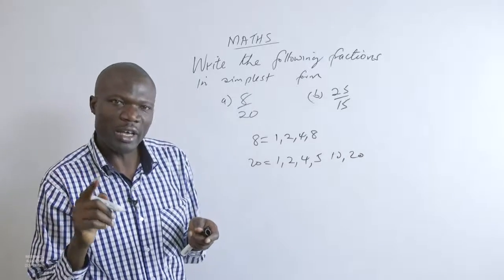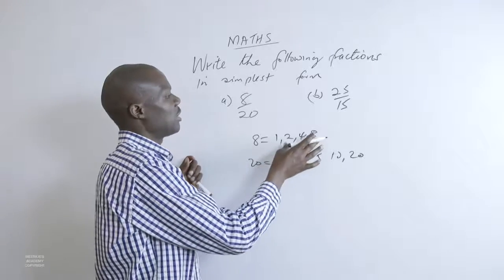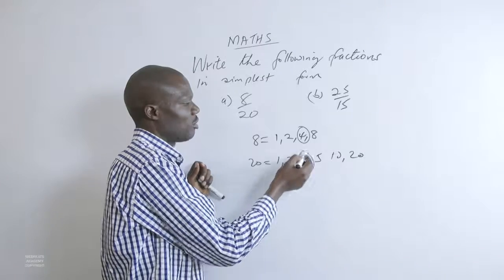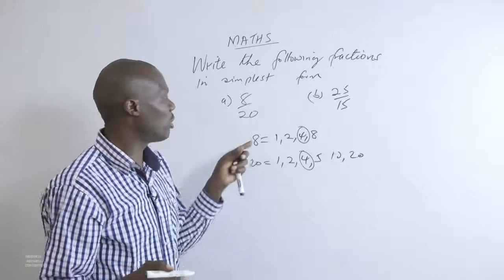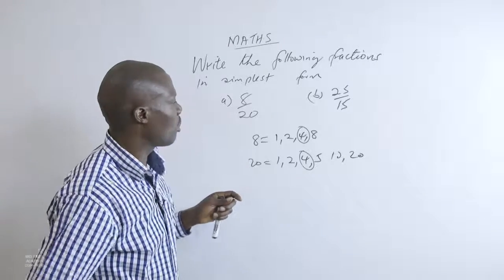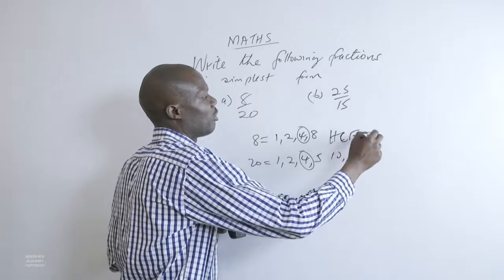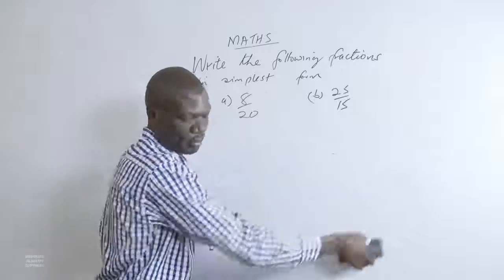When they talk of the highest common factor, we are looking at the highest factor seen up here that can also be shared with the other one, and we find this one is 4. Therefore, to simplify this, we shall divide by the highest common factor, which is 4 in this case. So take 8 over 20.